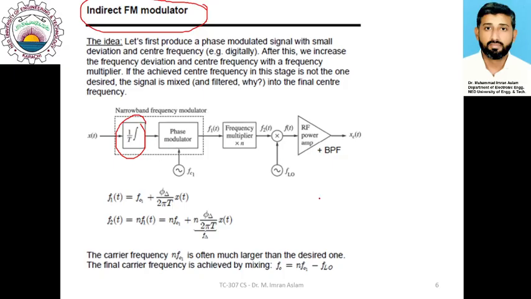If you recall the mathematical forms of the FM and PM, you should compare them. In the mathematical form of frequency modulation, we notice that the phase appears as the integral of the message signal. So you can see that the same thing is implemented here. Before applying to a phase modulator, we have integrated the message signal.